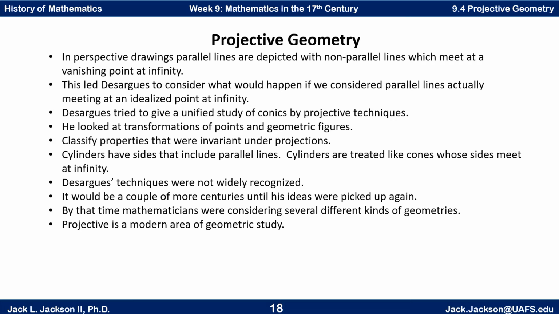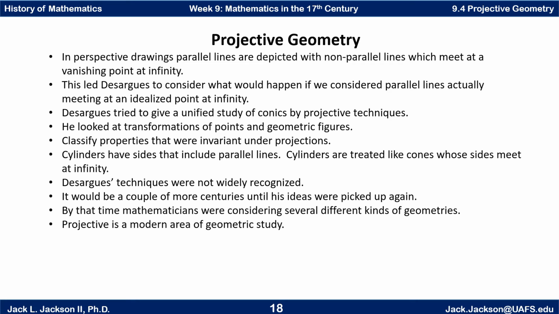He thought of all the basic conics as being different versions of the same thing. We know that a circle looked at from a certain perspective could look like an ellipse, for example. And he was able to work with these things to try to come up with a unified version of conics, making use of these projective techniques.